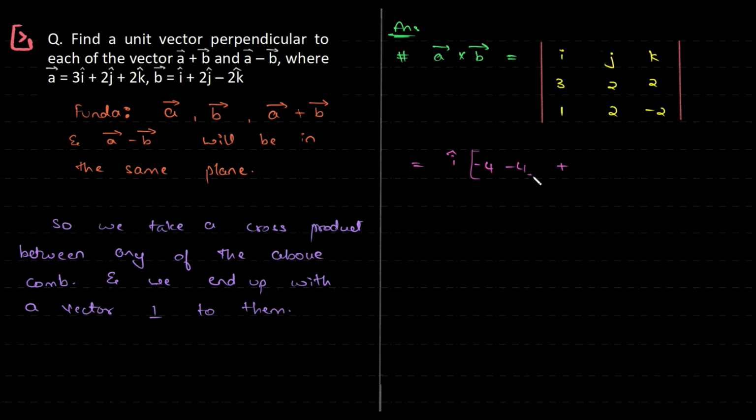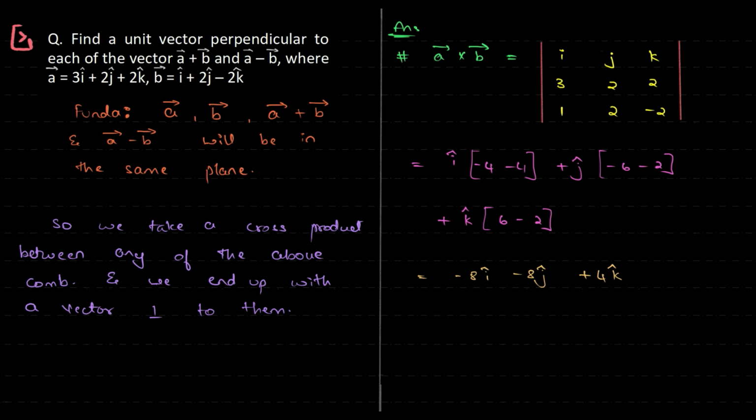Then write the next term j cap. Ignore the respective row and column. So this is minus 6, minus 2. Plus k cap. Ignore this row and column. So this is 6 and minus 2. So this is basically minus 8 i cap minus 8 j cap plus 4 k cap.